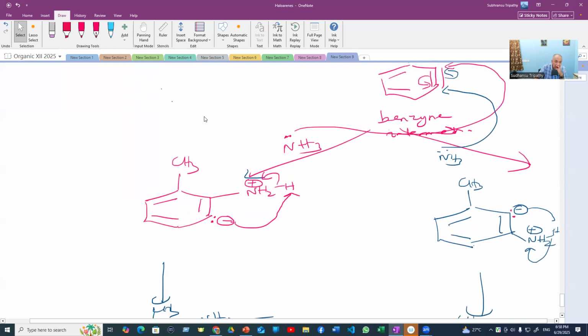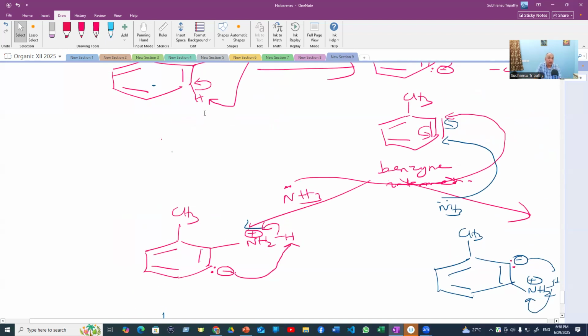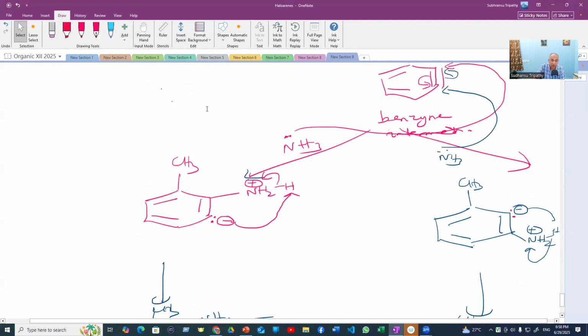Yes, sir. Only the I effect will decide which is major and which is minor. Now see, between these carbanions, which is the more stable carbanion? If the negative charge remains closer to a plus I group, it will be destabilized.